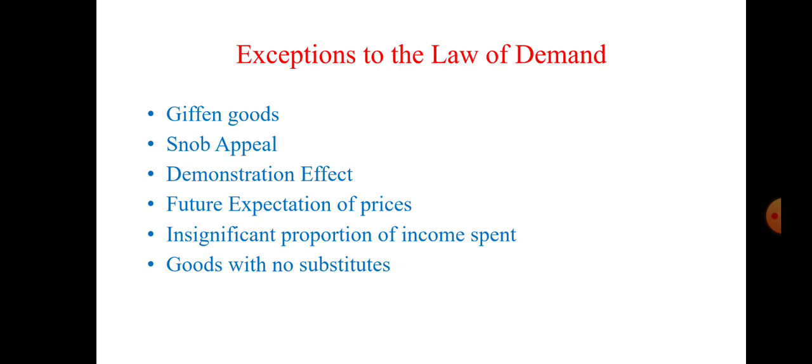Because they are essentials, we cannot consider them under the law of demand. The demonstration effect, based on promotional activities and how a product is shown or represented, has an appealing effect on the buying behavior of consumers. So that is also an exception.